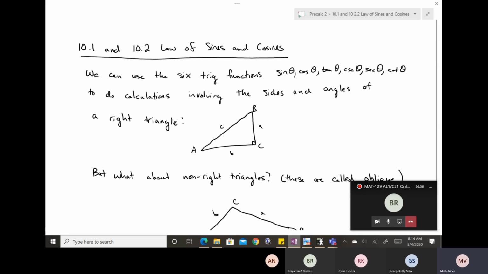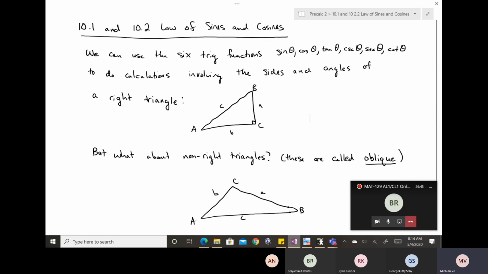Which again is on the law of sines and cosines. Previously, when we introduced the 6 trig functions, sine, cosine, tangent, cosecant, secant, and cotangent, we used them mainly to deal with right triangles, where one of the angles is a right angle, 90 degrees.